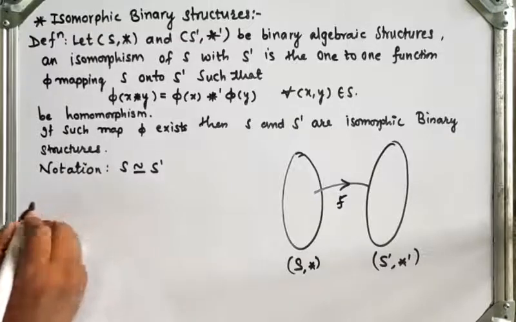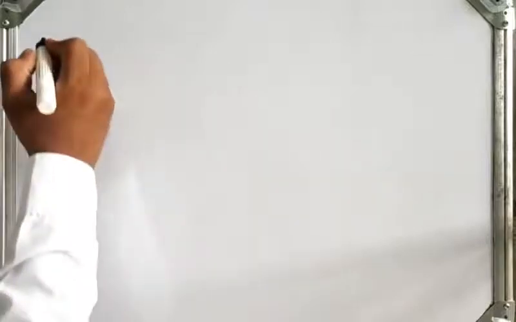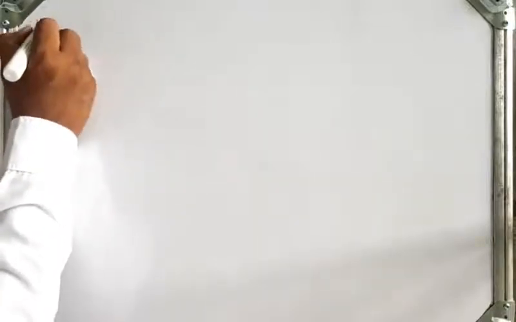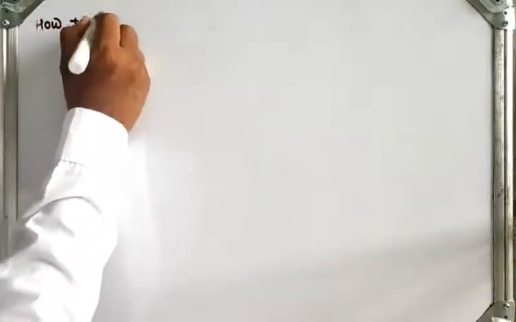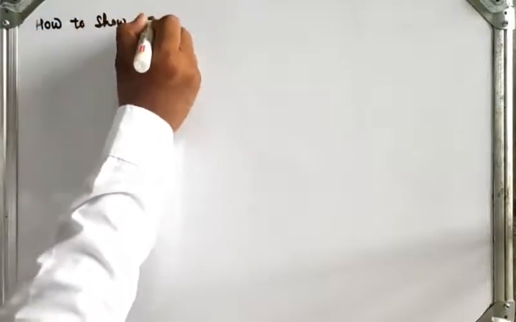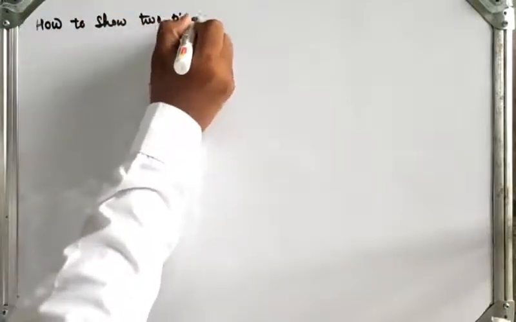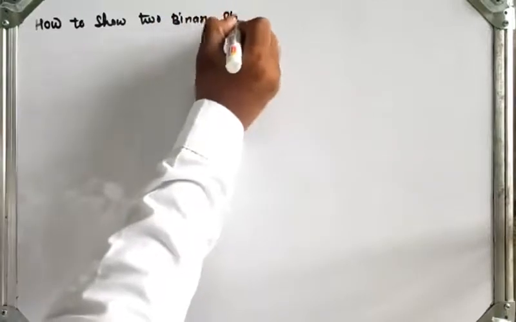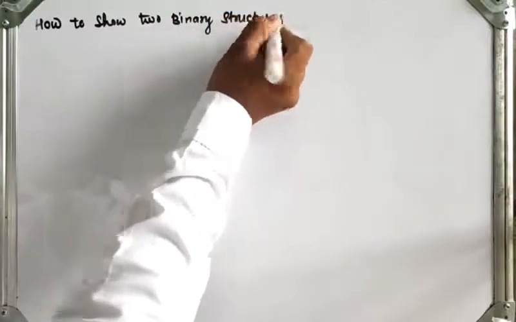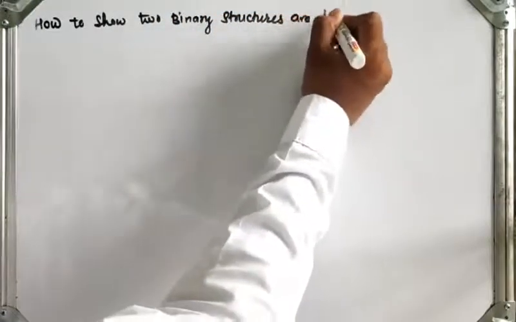So let's see how to show two binary structures are isomorphic.